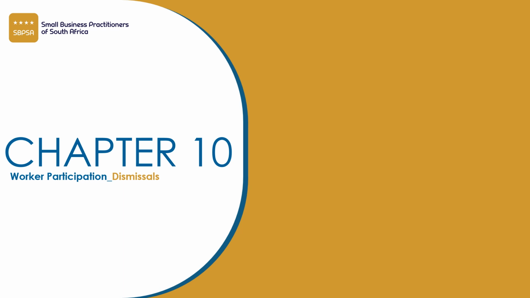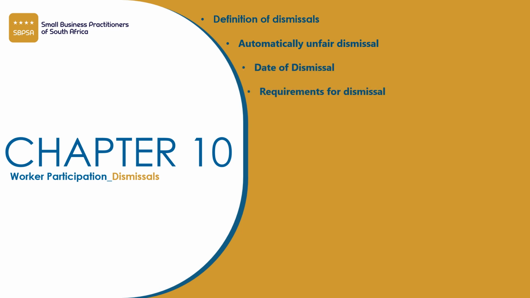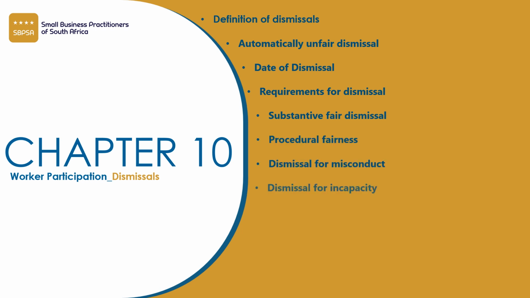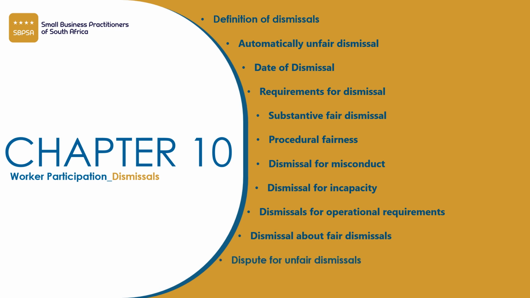As we zoom in, we touch the following topics: definition of dismissals, automatically unfair dismissal, date of dismissal, requirements for dismissal, substantive fair dismissal, procedural fairness, dismissal for misconduct, dismissal for incapacity, dismissals for operational requirements, dismissal about fair dismissals. Dispute for unfair dismissals. Transfer of the contract of employment.